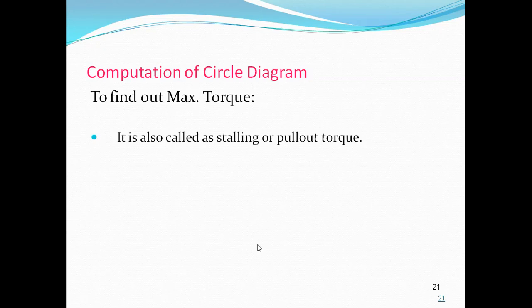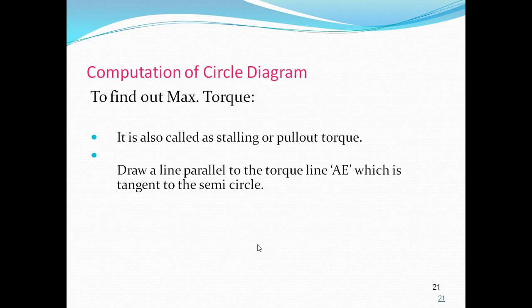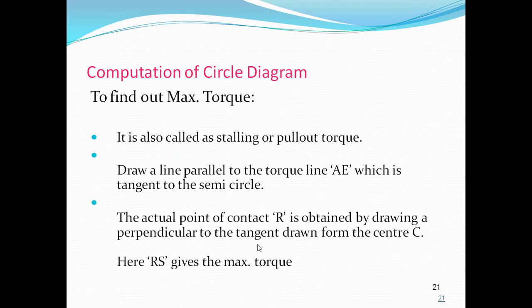To find maximum torque, which is also called starting or full load torque, draw a line parallel to the torque line AE which is tangent to the semicircle.